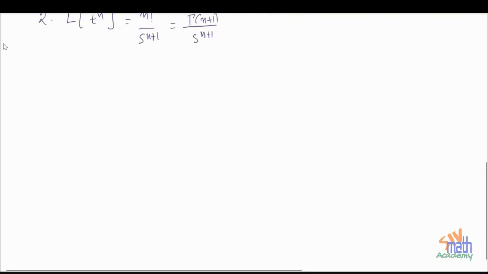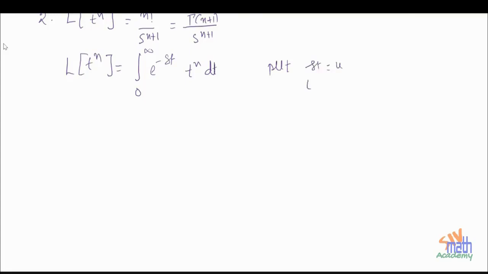So L of t power n is equal to the integral from 0 to infinity of e power minus st, t power n dt, correct? So put st equal to u, so that t will be u by s and dt will be du by s.